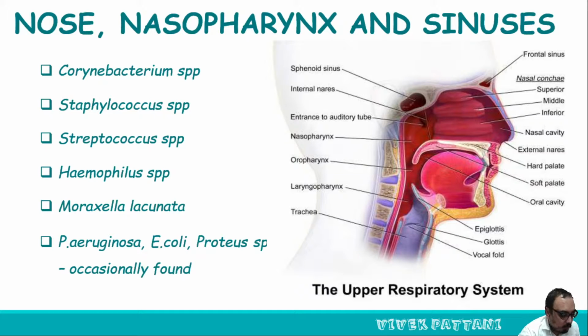As much as about 20% of the population carry Staphylococcus aureus in their nostrils. The pharynx too can be colonized with pathogenic strains of Streptococcus, Haemophilus, and Neisseria.